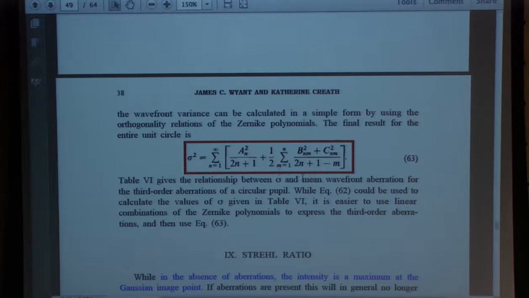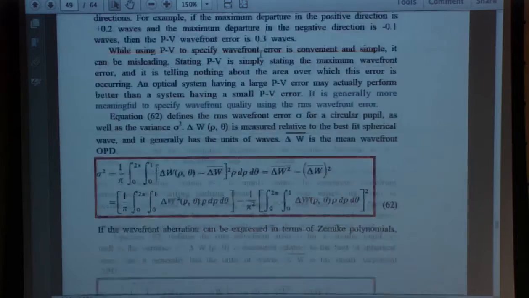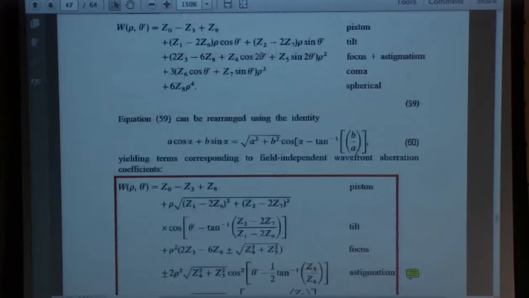And so if you have the Zernikes, it's very fast and easy to calculate sigma squared from that.